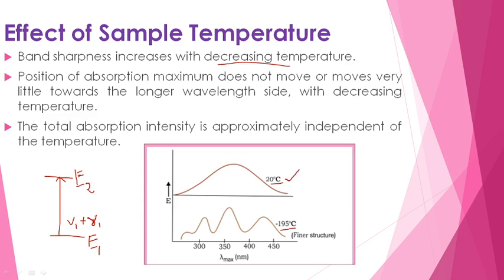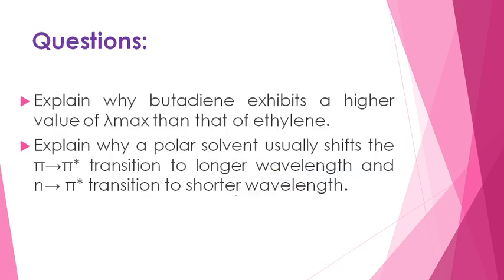So this is at high temperature and this is at lower temperature. At lower temperature you get the fine spectrum of the compound; at higher temperature you have a broad spectrum. So this is the effect of sample temperature on UV visible spectra.